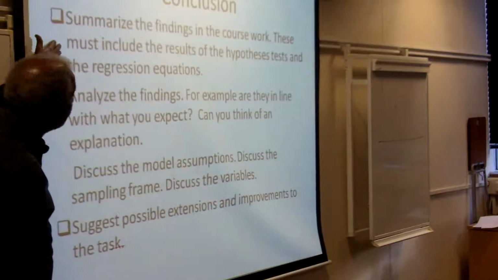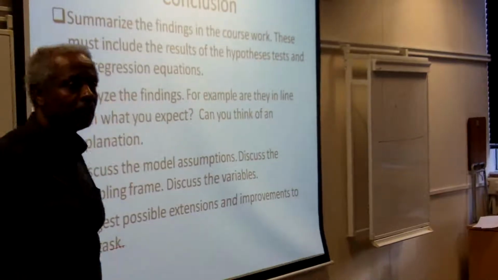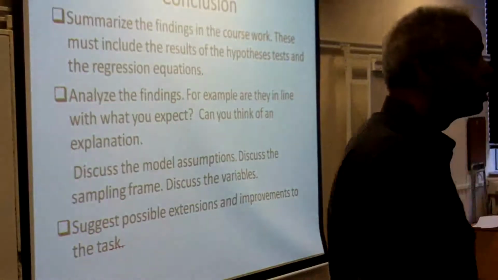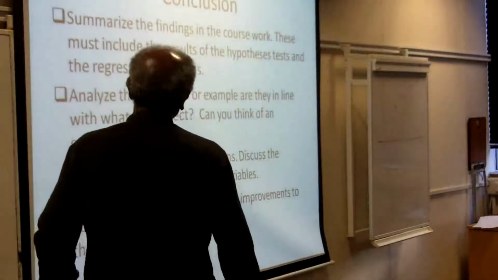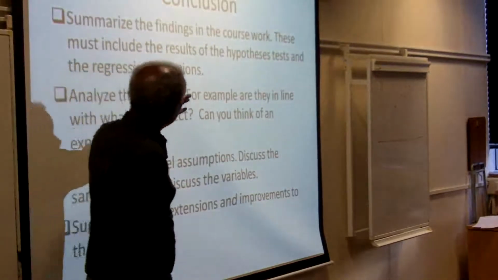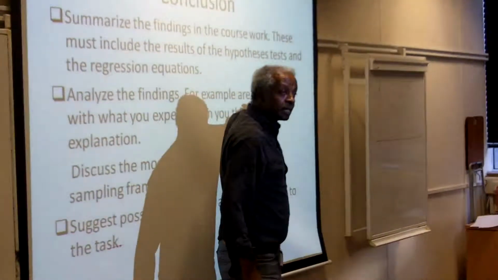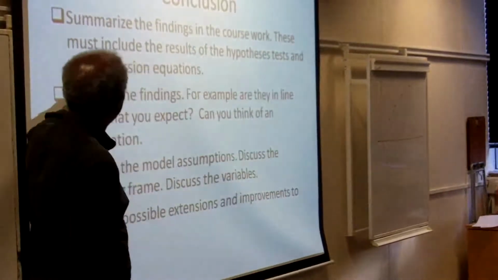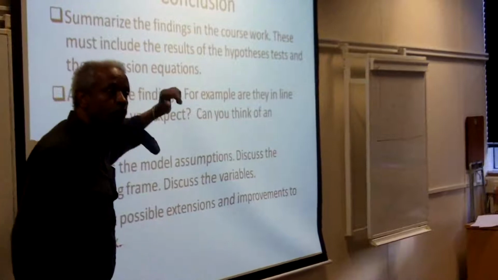The first part is you have to summarize what you found in the 2 tasks about the variables. Now, summarize here means something very specific: stating the result of the hypothesis testing, what you actually found there, and the equations you found in your regression lines.